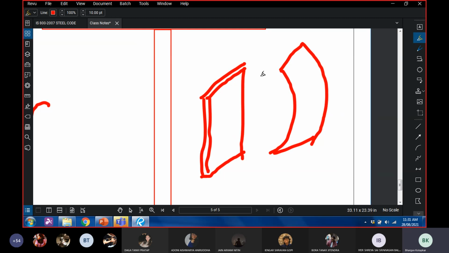So it buckles along the minor axis. So this is the minor axis. This is the major axis. So it does not buckle like this. It buckles like this. It buckles along the minor axis because it is weaker along the minor axis, and that is the reason why it buckles along the minor axis.